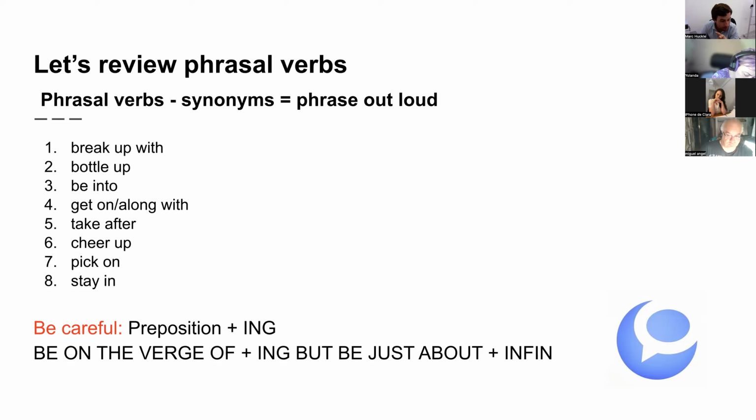About is a preposition, but we don't use ing. So, be just about. I was just about to say that. Okay? So learn the difference. Be on the verge of, ing, be just about, infinitive.